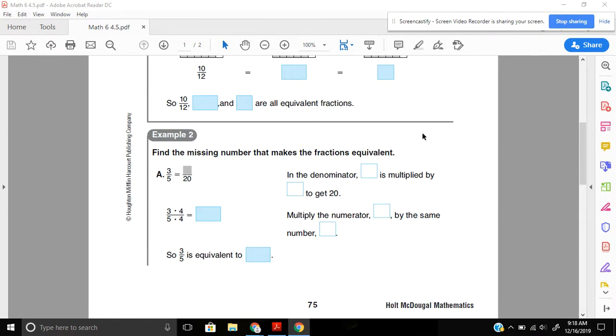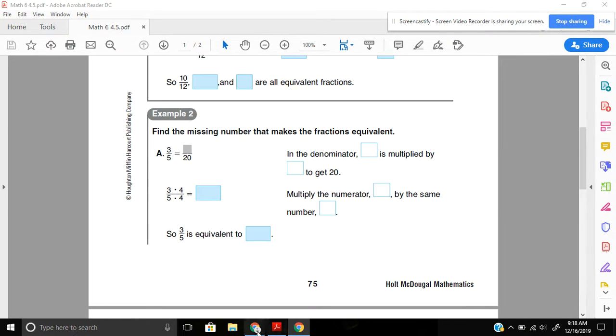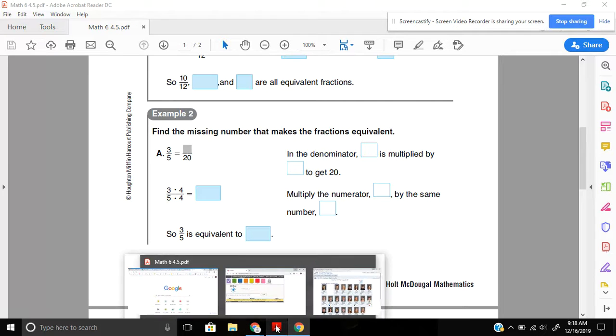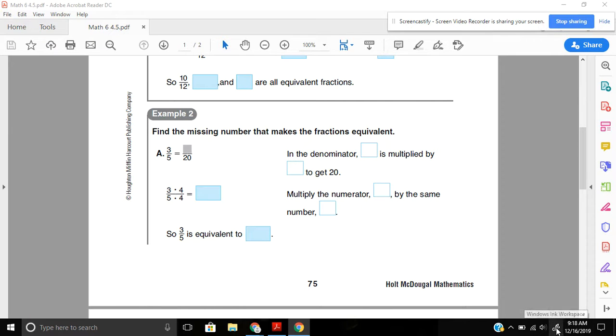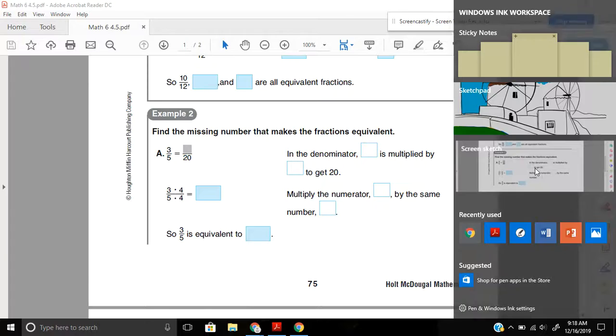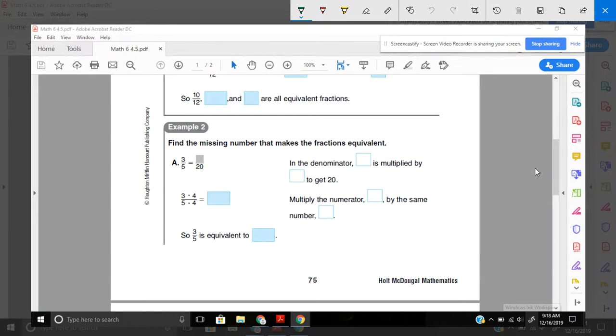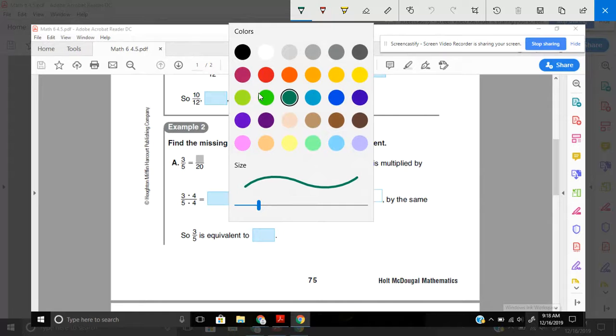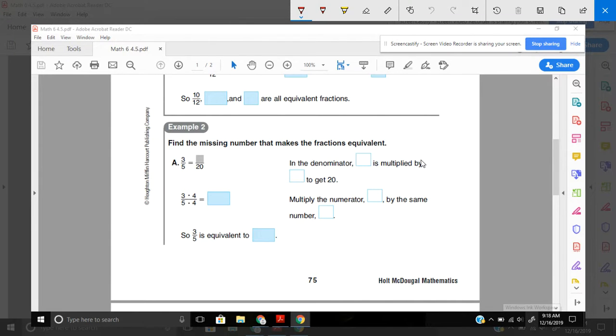Let's take a look at an example where we don't have a model. Let me bring up my screen sketch here. And it says, find the missing number that makes the fractions equivalent. Okay. And the way I'm going to tackle this is looking at my two ratios.